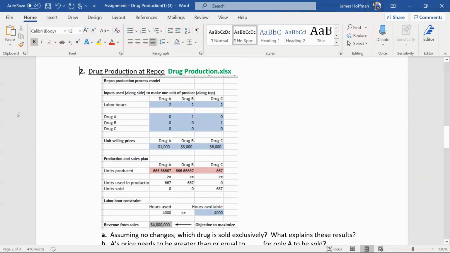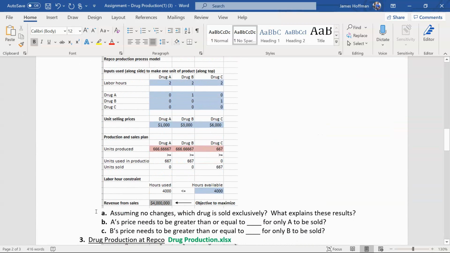All right, so we got a similar screen cap, but there's different labor hours, different prices, and so on. So part A: assuming no changes, which drug is sold exclusively, and what explains these results?